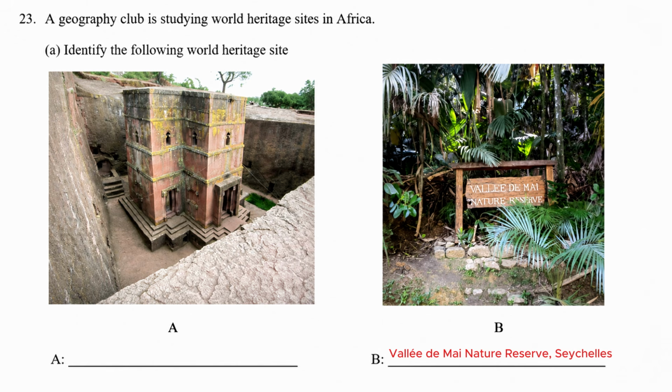It is very common. You can see it right here on the screen, that it is the nature reserve in Seychelles. And then the other one is the rock-hewn churches of Lalibela. It is in Ethiopia. You see, that is A. So those are the correct options.